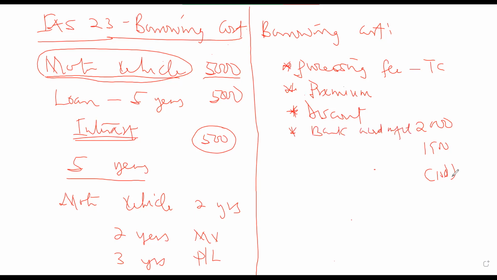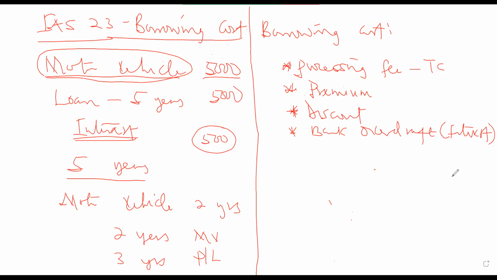The interest on bank overdraft is also an example of borrowing costs. All the interest that you are going to be paying, they are all borrowing costs. Anything that is relating to a loan, any cost that you are going to incur as a result of borrowing are all borrowing costs.